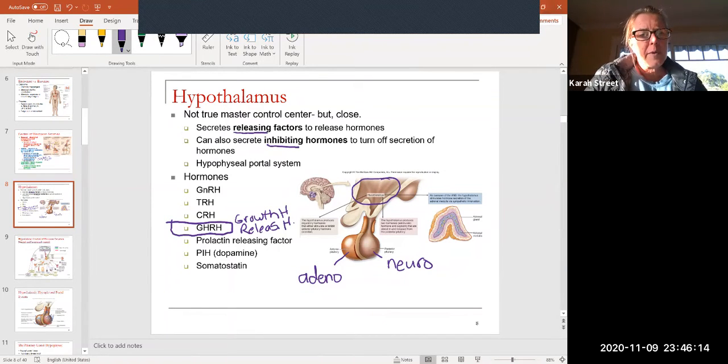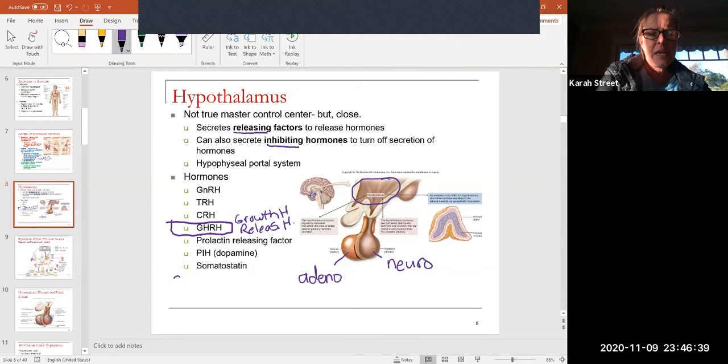And that hypothalamic hormone is basically telling the pituitary, yes, release growth hormone. Now is a good time for this person to grow. But there are times when it's not okay for a child to grow. And the hypothalamus will then release something called growth hormone inhibitory hormone. So this would be called GHIH.